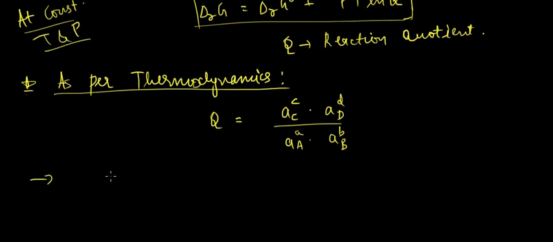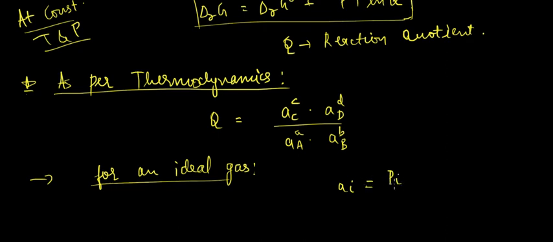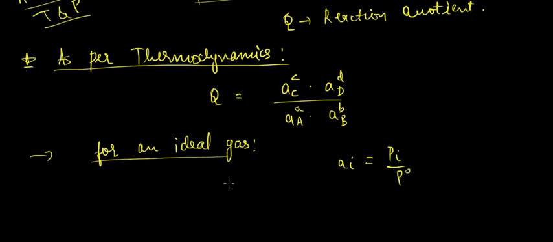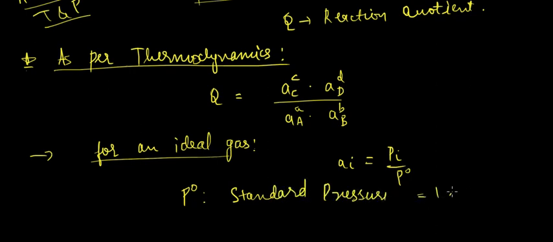And for an ideal gas, we can see that a_i is equal to the partial pressure of i divided by P naught, which is the standard pressure. Okay, so P naught is the standard pressure, which is equal to 1 bar.